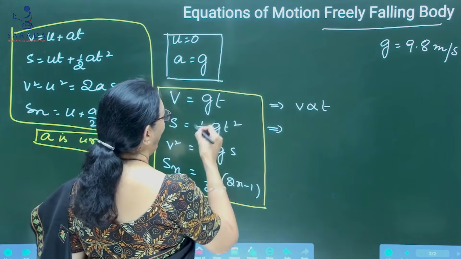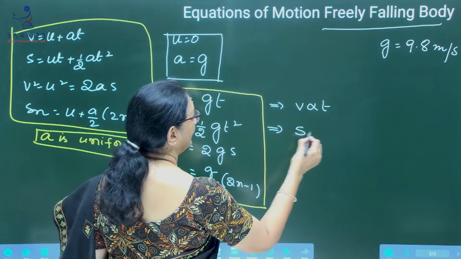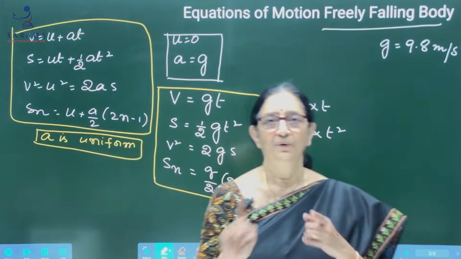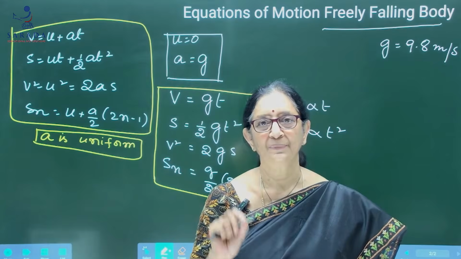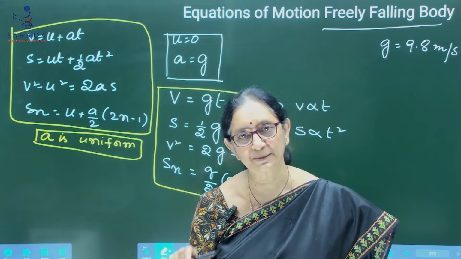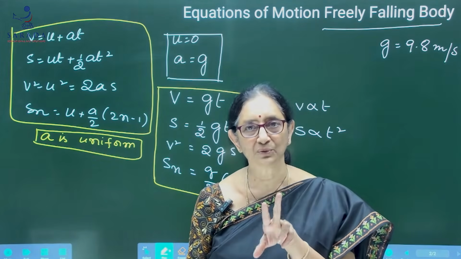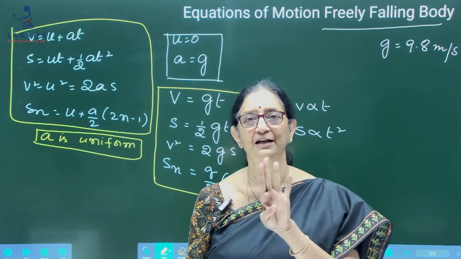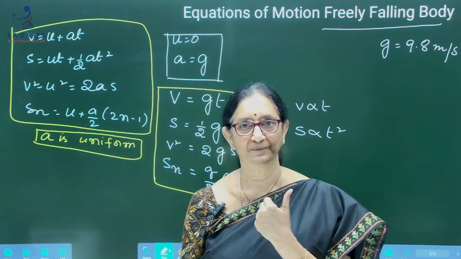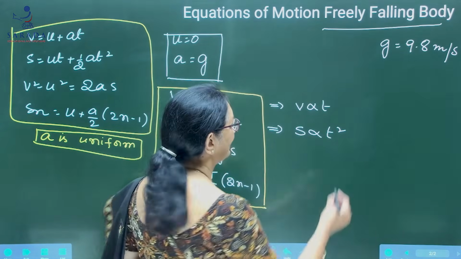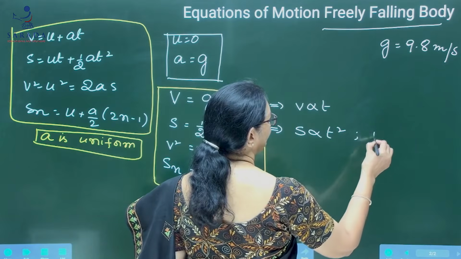Okay. Now, you have to answer this. From this, as g by 2 is constant, s is proportional to t square. What is the ratio of displacements at the end of 1 second, 2 seconds, 3 seconds, 4 seconds, and so on? If you substitute t as 1, t square becomes 1.